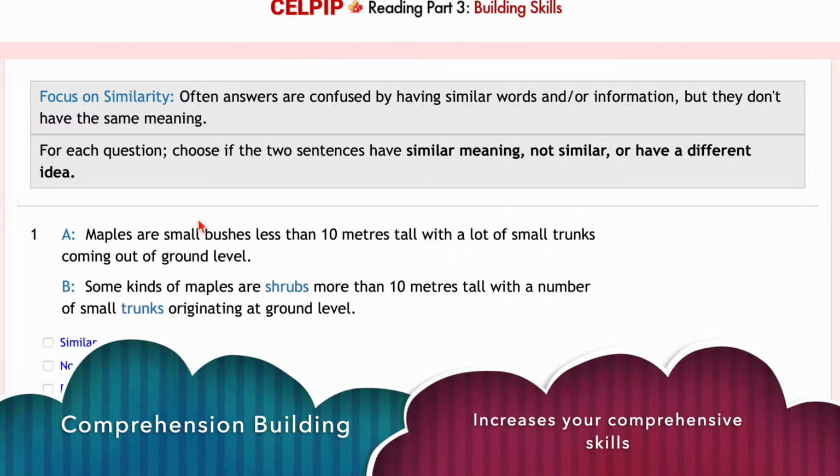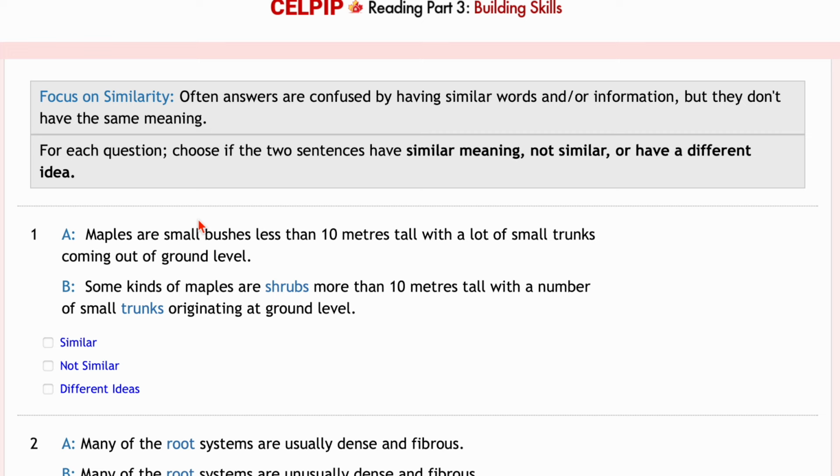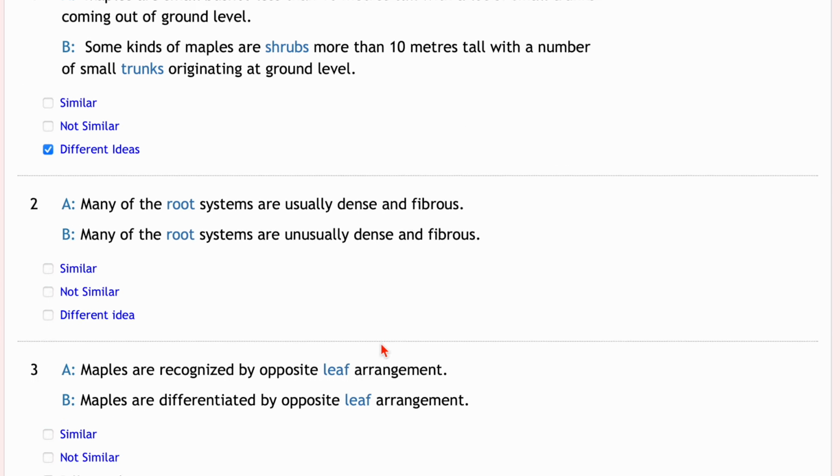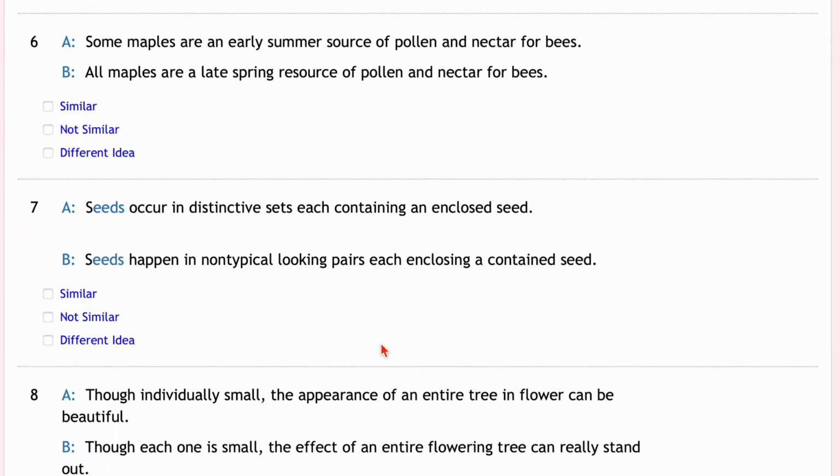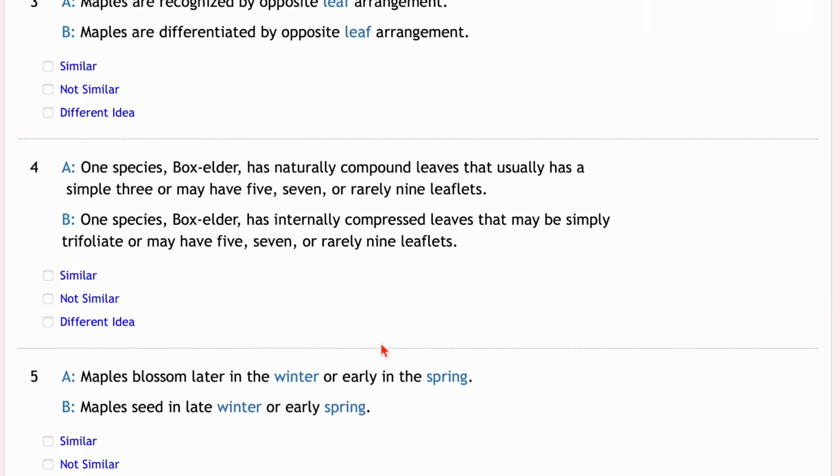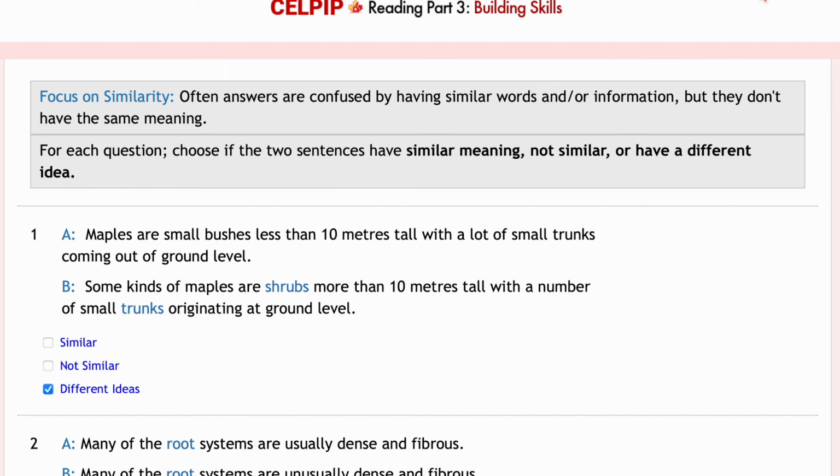Comprehension building is very important for Part 3 to understand similar ideas. These exercises provide you 2 ideas, and then you need to decide if those ideas are similar, not similar, or different. Very great practice to build your comprehension. Strongly recommend that as well.